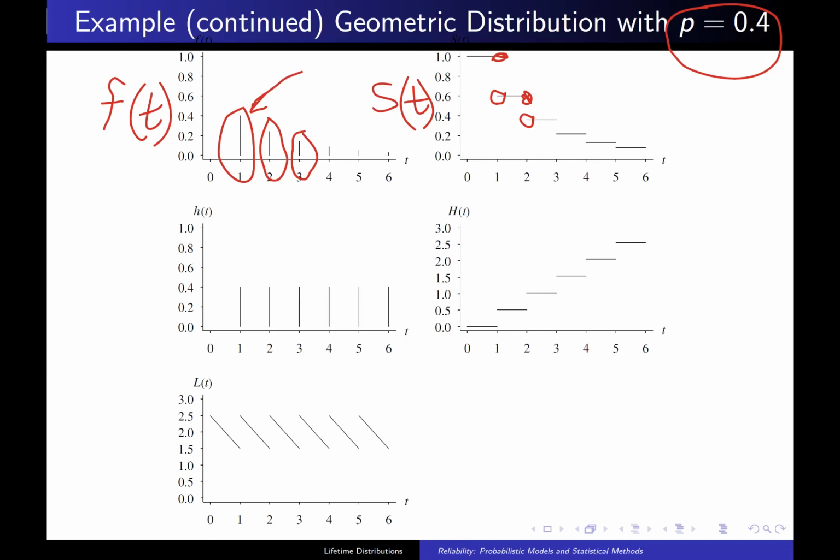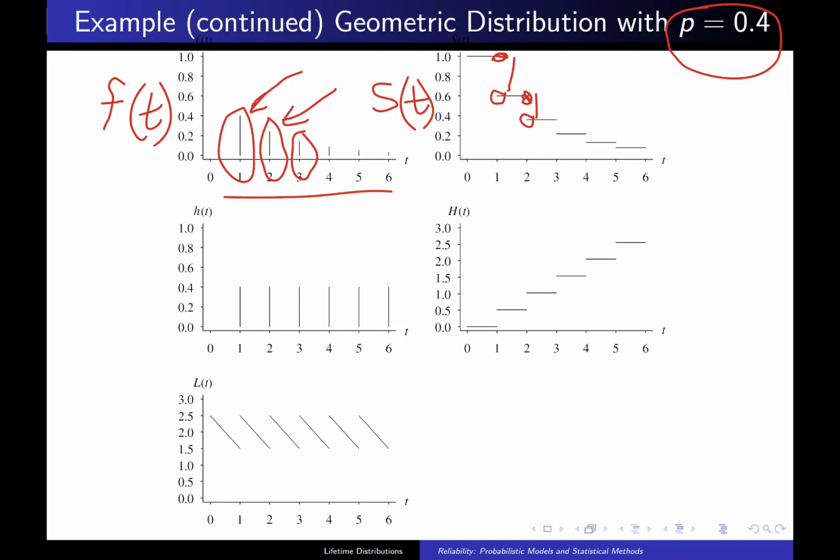So this distance right here is 0.4, and then the next one has a spike of 0.6 times 0.4, that is 0.24, and that is this downward step height. So each step downwards corresponds to the height of the mass values in the probability mass function.